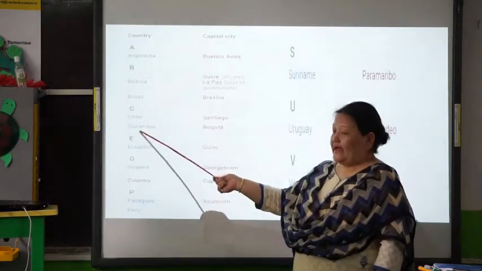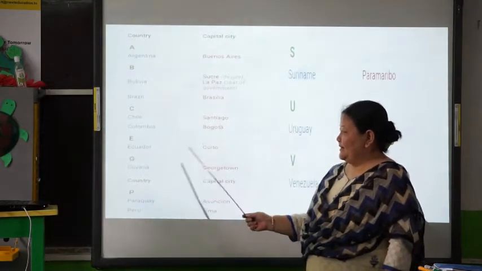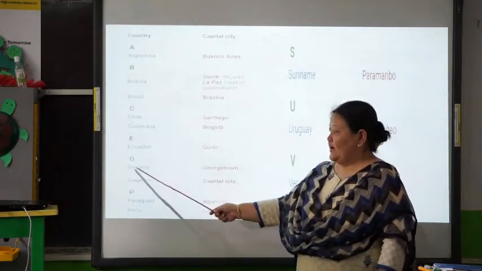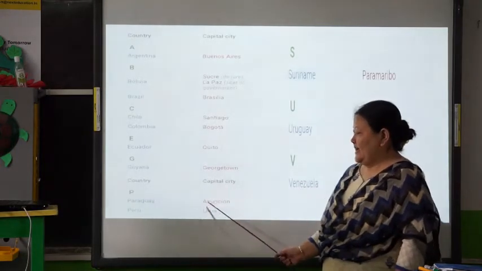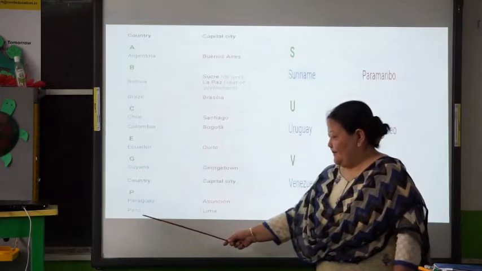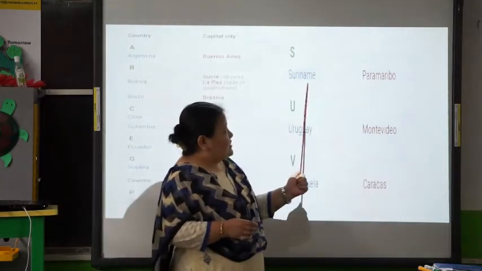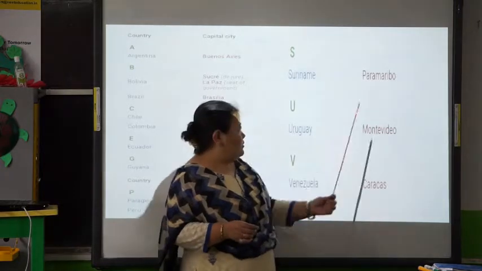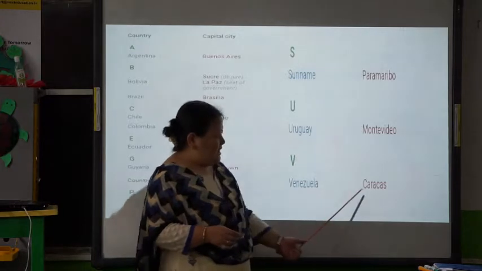You have Colombia, Bogota, Ecuador, Quito, Guyana, Georgetown, Paraguay, Asunción, Peru, Lima. Okay, and then you have Suriname, Paramaribo, Uruguay, Montevideo, and Venezuela, Caracas.